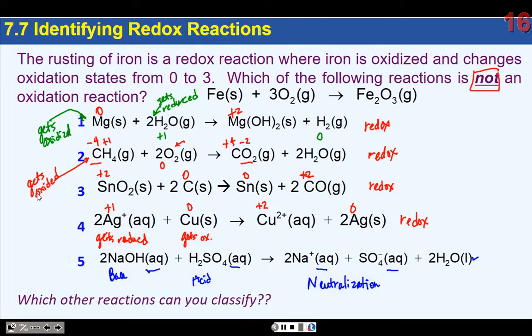The third example, the tin is going from a +2 to a 0. It's being reduced. Its oxidation number gets reduced. And that means that the carbon is becoming oxidized. Well, sure, it picks up oxygen. That fits in this example.